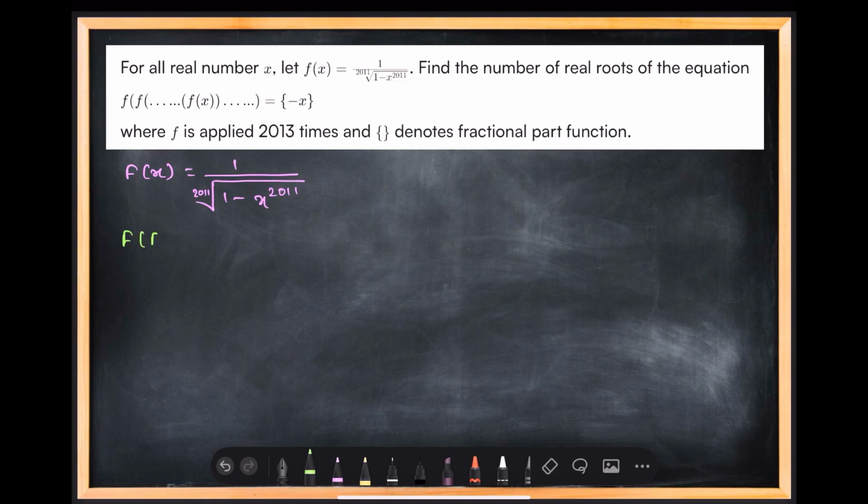What does this mean? In place of x, you have to write f of x, correct? So can I write this thing as 1 by the 2011th root of 1 minus f of x power 2011? Is that okay?